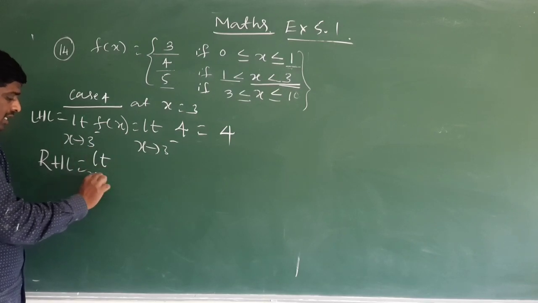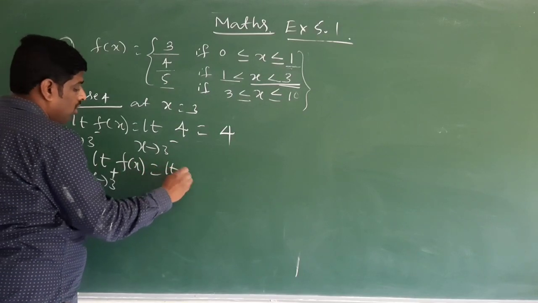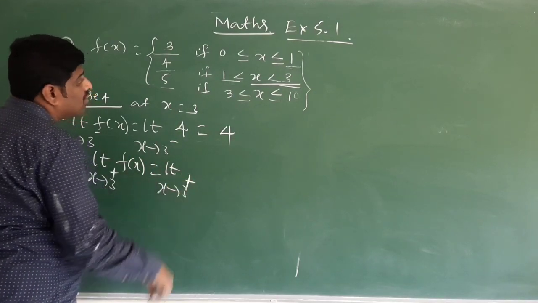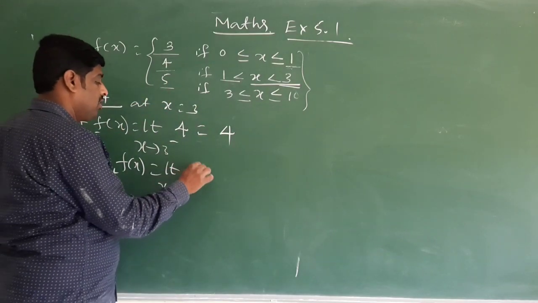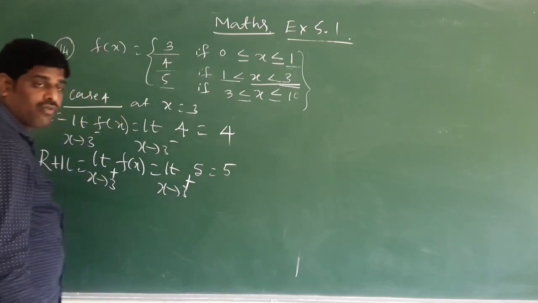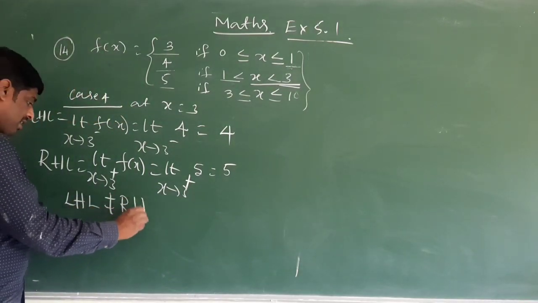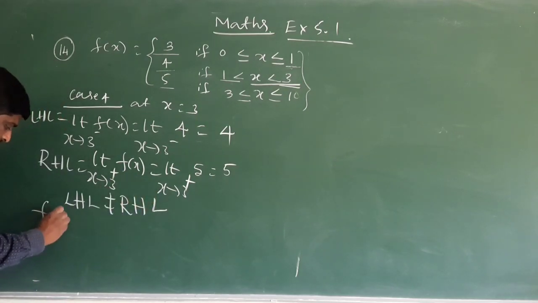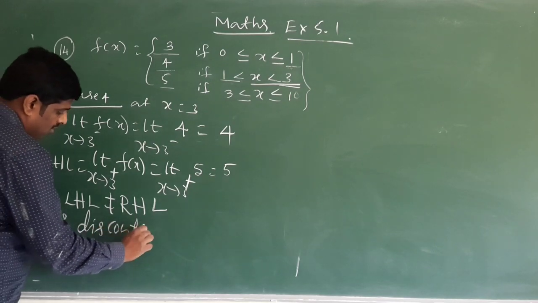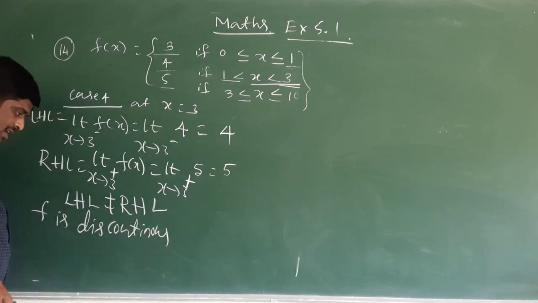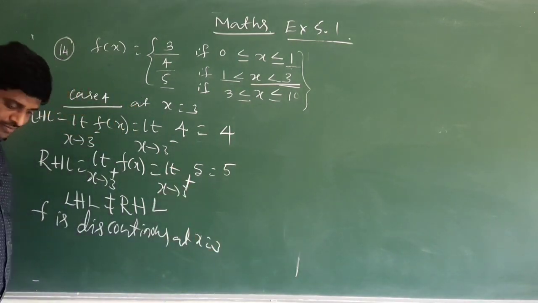RHL equals limit x tends to 3 plus f of x, which is limit of 5, that is 5. Therefore LHL is not equal to RHL. Therefore f is discontinuous at x is equal to 3.